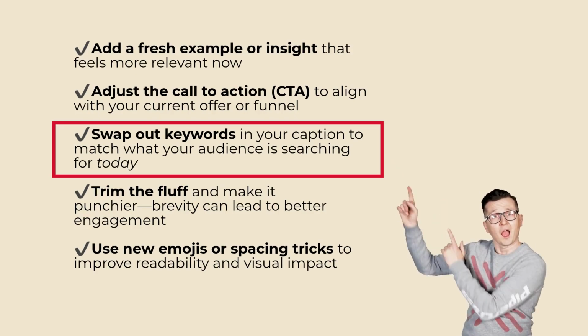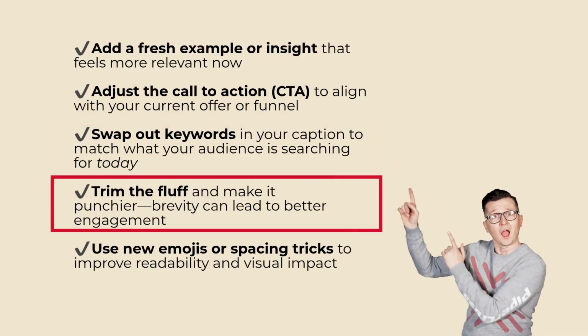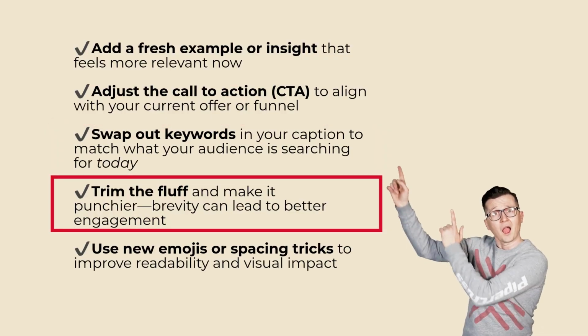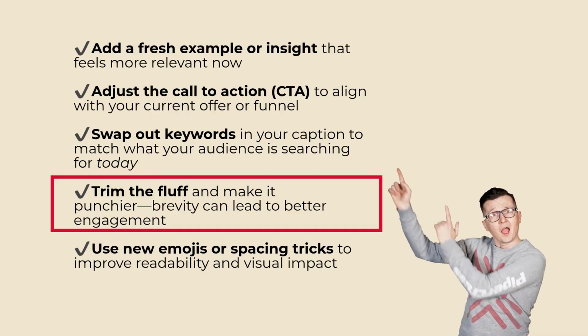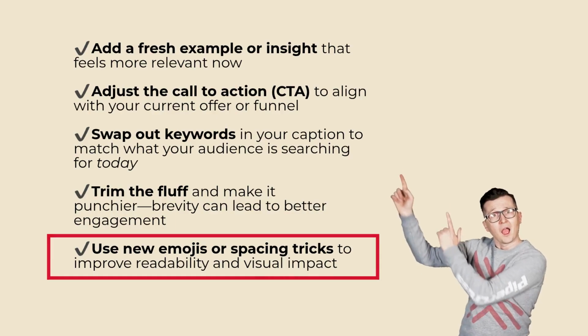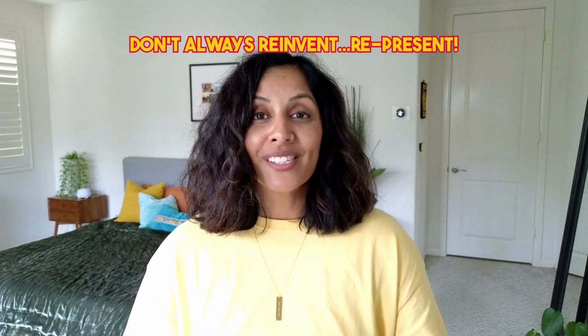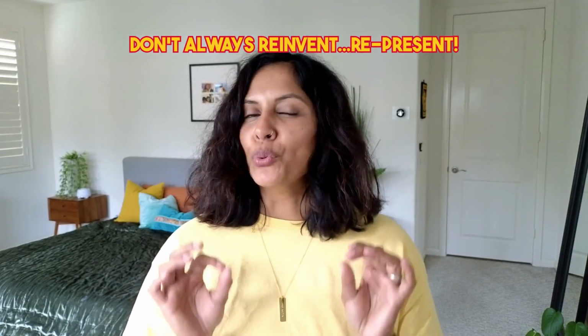What they think about changes, what they dream about changes, all of that changes over time. Next, you can also trim the fluff in your copy and make it punchier. And that brevity can lead to better engagement. You can also throw in some emojis or spacing tricks to improve readability and visual impact. Here's the point. You don't always need to reinvent your content. You just need to re-present it with a few thoughtful tweaks and suddenly your content just hits different with your audience. That's the power of reviving your content.